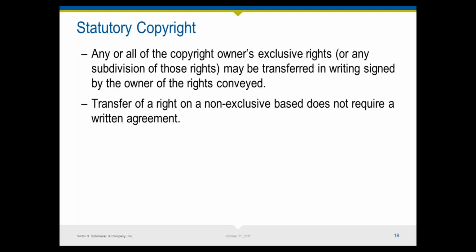The licensing language in the standard contract transfers on a non-exclusive basis the right to use the documents, the deliverables that express your design. And you don't really need to put that in writing. You can transfer rights on a non-exclusive basis without something in writing, but it certainly makes sense to spell out what rights are established in that license and the limitations of those rights.